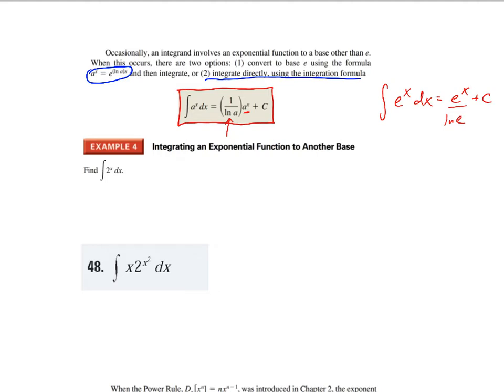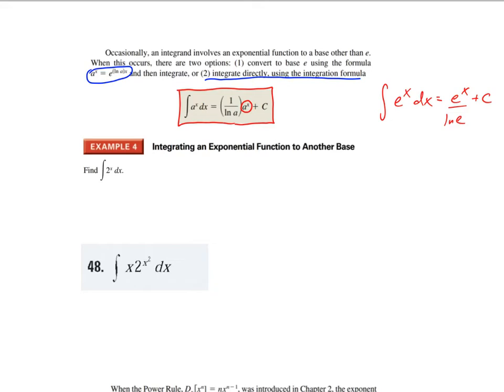Well, now we're saying that it's the same formula whether you have e to the x or a to the x. Any base, not just natural base e. You take the general exponential, and you divide by the natural log of its base. All right? Problem is, your exponent won't always be x, and so that's where u substitutions come into play.